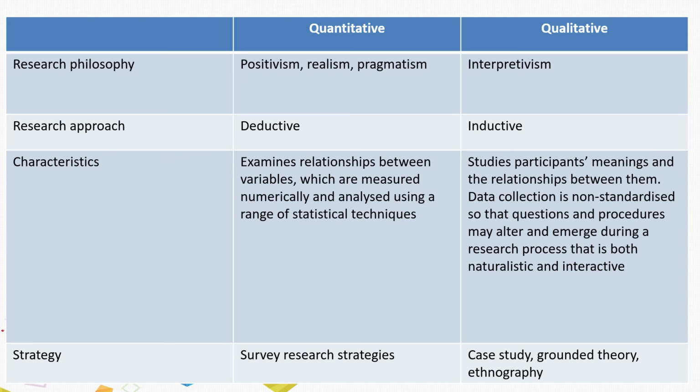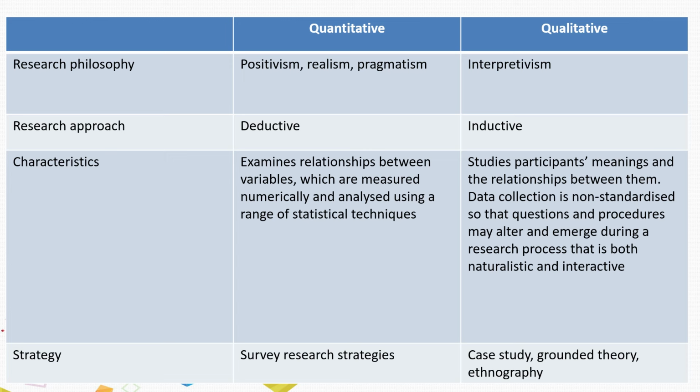However, in terms of qualitative, what is important here is the participants' meanings and the relationships among those meanings. Okay, that's why we get to identify themes. For example, what are the common things that they have been saying? What is common to all of the participants, and that becomes a theme.